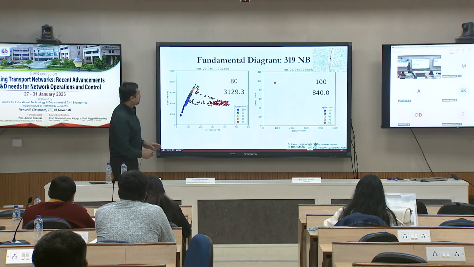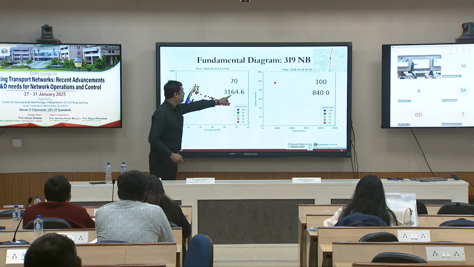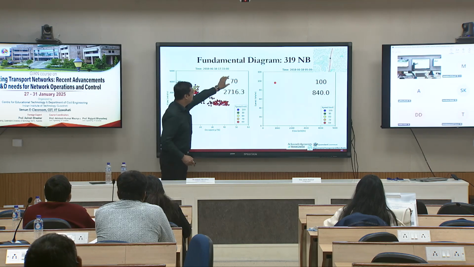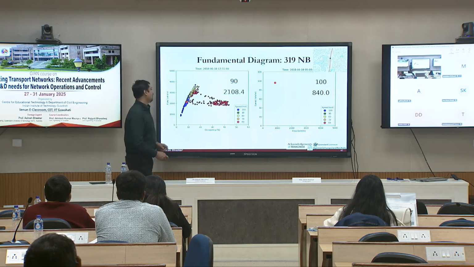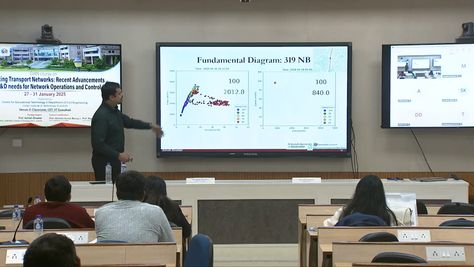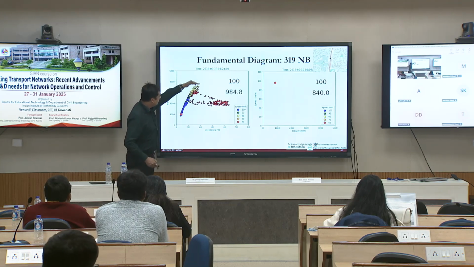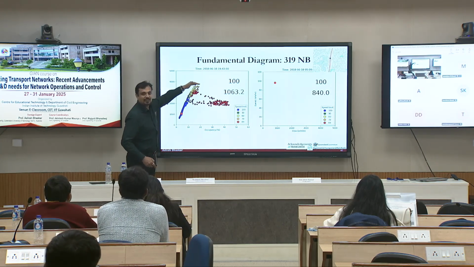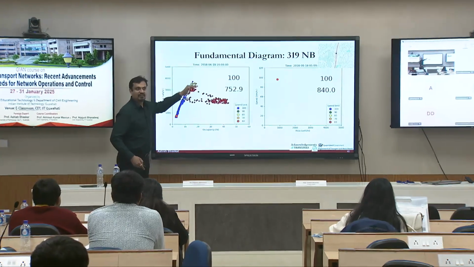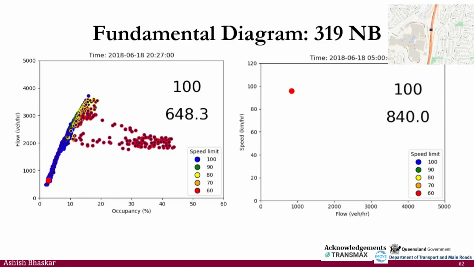It's for the whole day, and you can see how the flow values are changing. This is the flow value, and that's the speed limit of the road for that time interval. Now the speed is back to 100, and this slope should be the slope of 100. You can see the maximum capacity is here, and there is some drop happening. We discussed the capacity drop also.